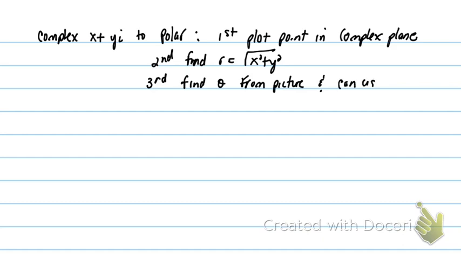And you can use the fact that tangent theta is equal to what? y over x. Sometimes you'll get an undefined. Like in that last case where x was 0, you can't get it from that formula, right? You had to look at it from the picture. But, you know, you would see that anyway. Sometimes not, though, and then you can use it. Okay.